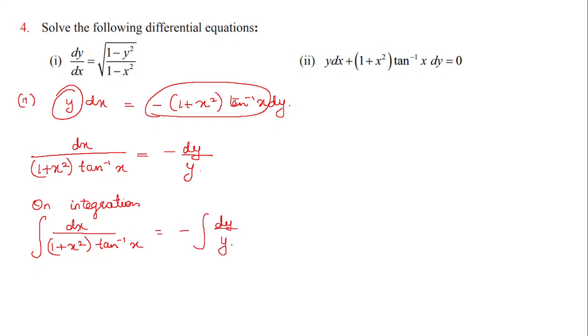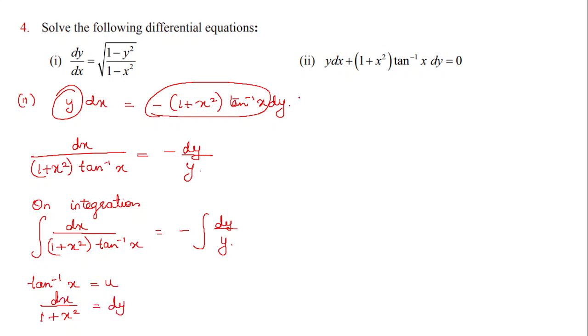In order to integrate this dx term, we can take it separately. We are going to use the substitution method: let us take tan inverse of x is equal to u. So what happens when you differentiate tan inverse of x? We will get 1 by 1 plus x square dx is equal to du.